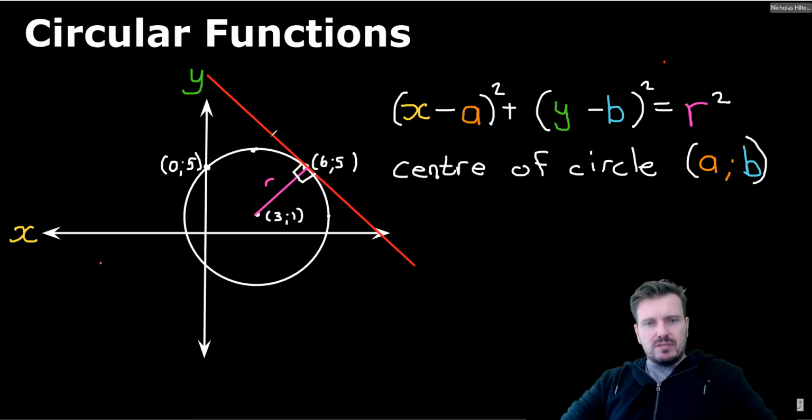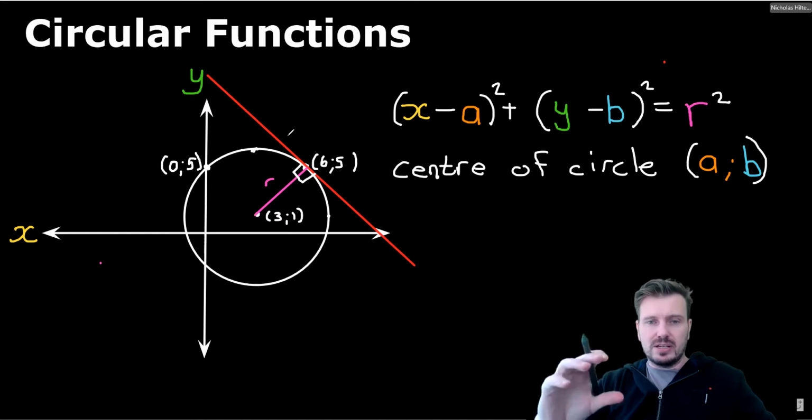Now, when we have lines that are perpendicular, this means that the gradients are the reciprocal of each other. In other words, if we find the gradient of the radius, we will be able to find the gradient of the tangent by simply flipping the radius gradient over. So if it ended up being 3/4, it would be minus 4/3, but we'll get to that.